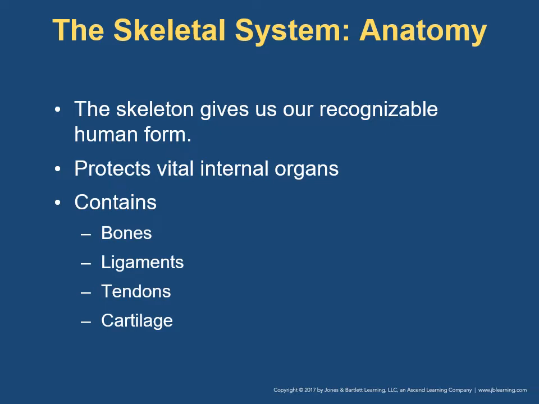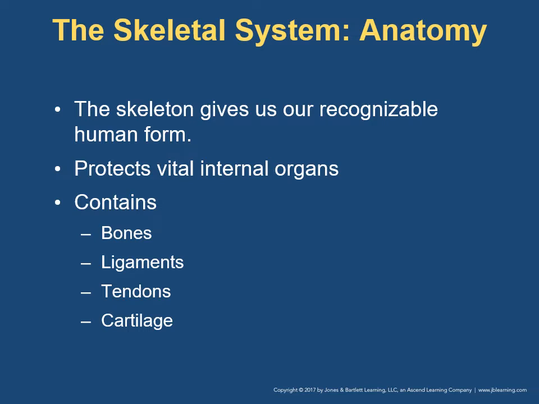Anatomy of the skeletal system. The skeleton gives us our recognizable human form and protects vital internal organs. There are different elements of the skeleton. You have bones, ligaments, tendons, and cartilage. You have 206 bones. This constitutes the structure of the skeletal system and provides a framework for attachment of muscles.